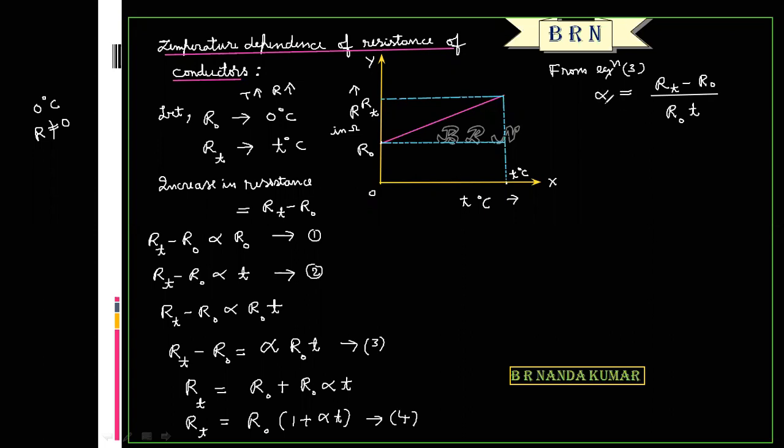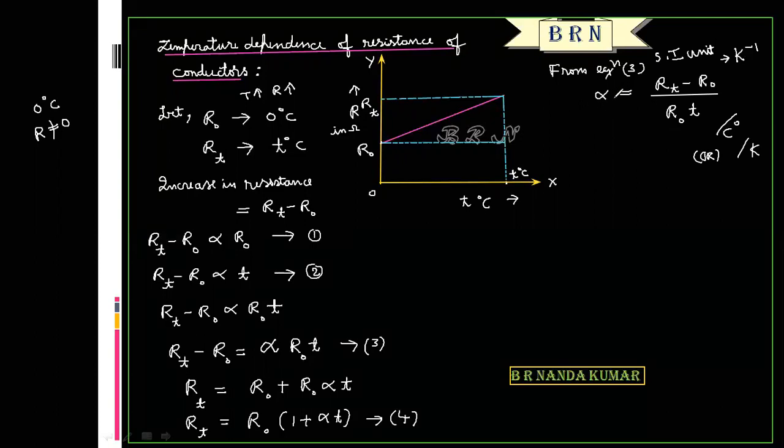Temperature coefficient of resistance of a conductor means the ratio of increase in resistance per unit original resistance per degree rise in temperature. So what is the unit? The unit is per degree Celsius or per Kelvin, K power minus 1. The SI unit of alpha is per Kelvin or per degree Celsius.